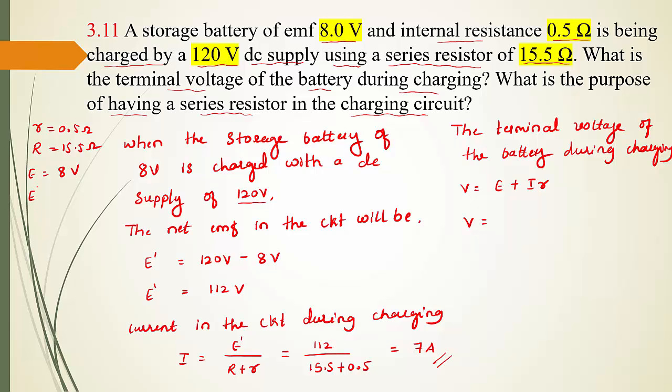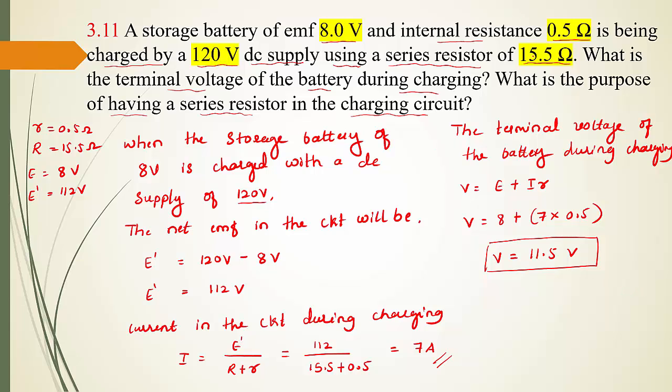The 120 volt is the external DC supply, and using that supply we are charging the storage battery. So in place of E, we write 8 volt plus Ir. The I value we got is 7 ampere, and internal resistance is 0.5 ohm. So 8 plus 7 into 0.5 gives the terminal voltage as 11.5 volt. Yes, this is the terminal voltage.